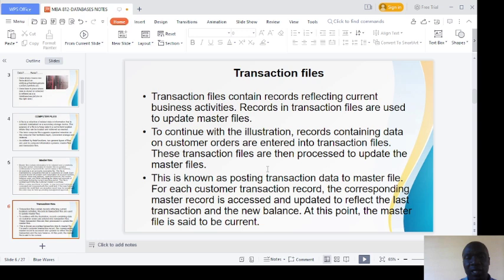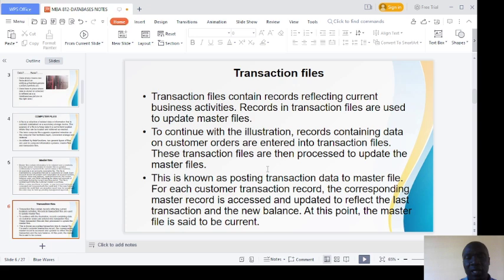These files can be organized into serial organization, sequential organization, indexed sequential organization, and also random organization.